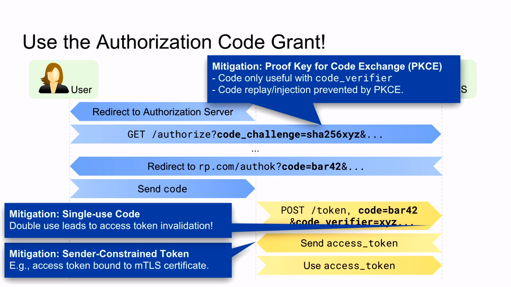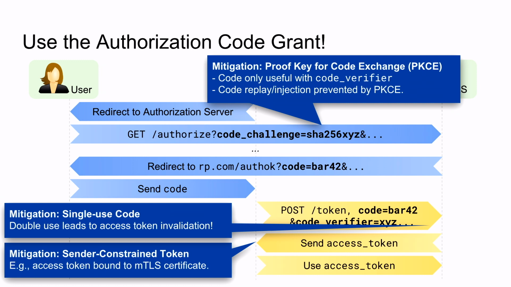And also a very important feature, you can use the Authorization Code Grant to sender constrain your access tokens. How does that work? So it's very simple. You use TLS client authentication with a client certificate that is just self-signed, so no PKI in the background, just a self-signed client certificate.